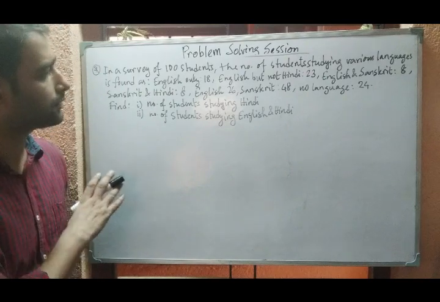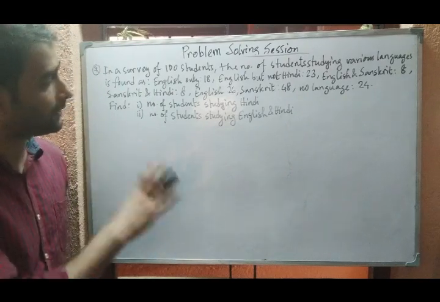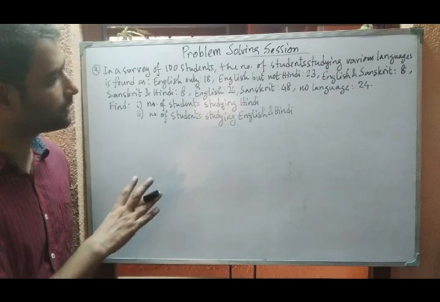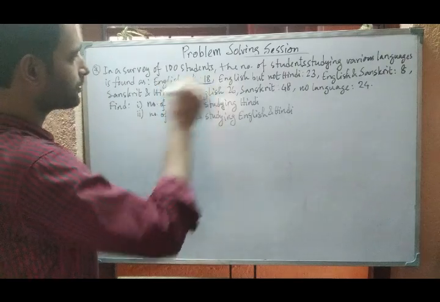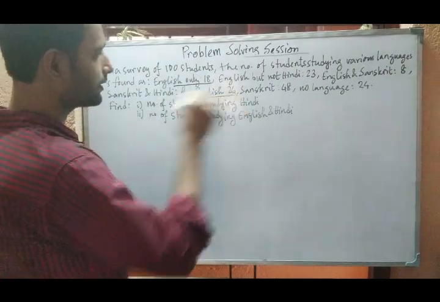So we have to find the number of students studying Hindi only, the number of students studying Hindi not English, and the number of students studying English and Hindi. So see, here it is given English only and it is English.